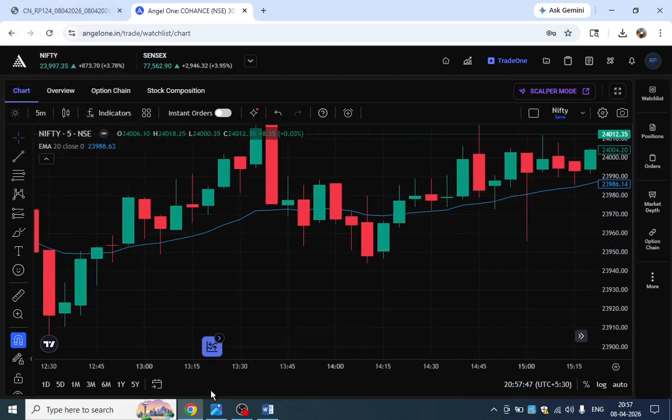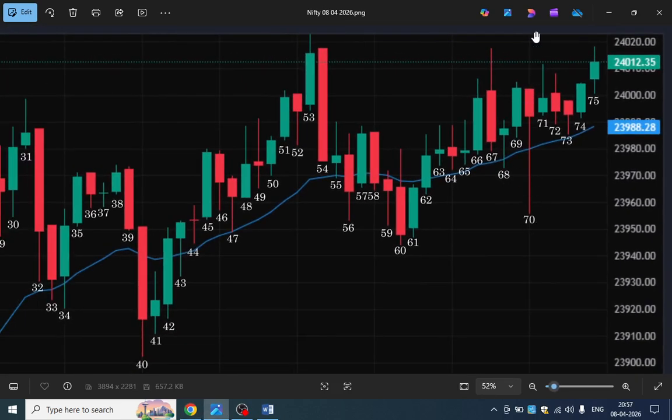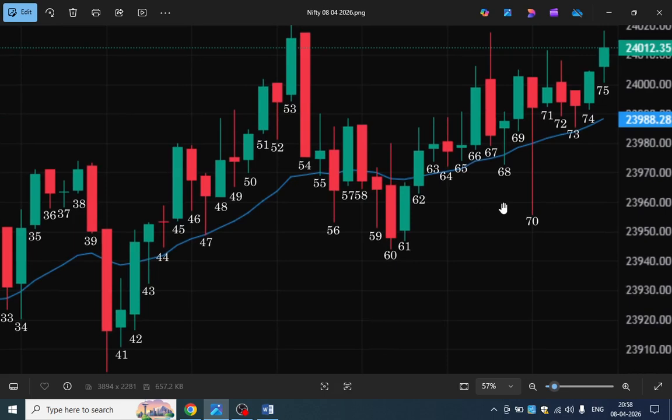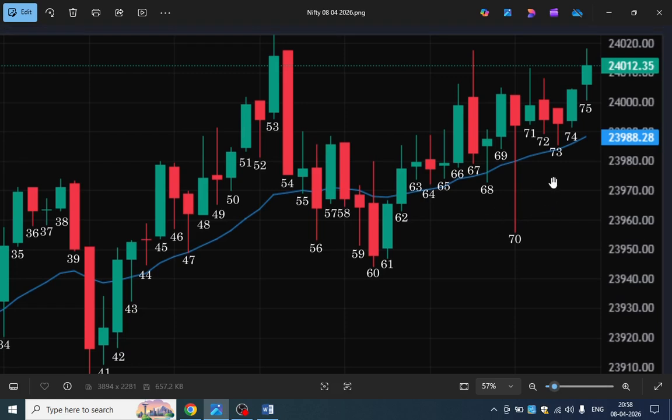And even if I would have held it, I was thinking that price might go up, but as you can see, bar 70 might have hit the stop loss of many of the traders, and my stop loss also might have hit. After that there was no such great movement, and so this was my day.